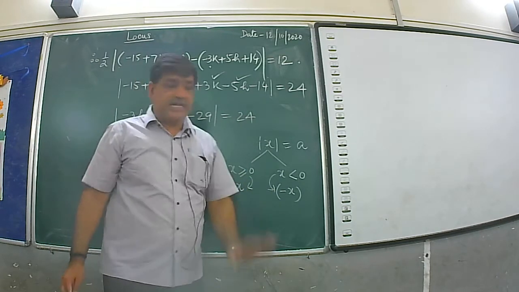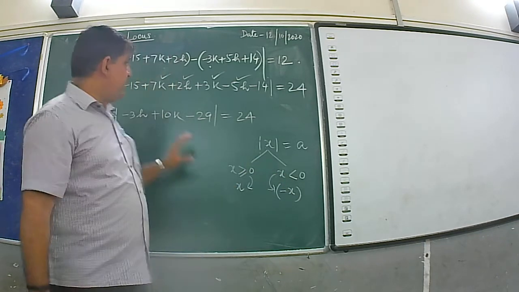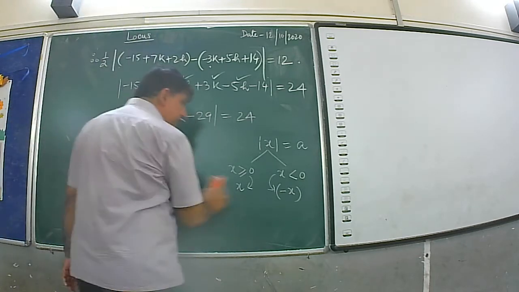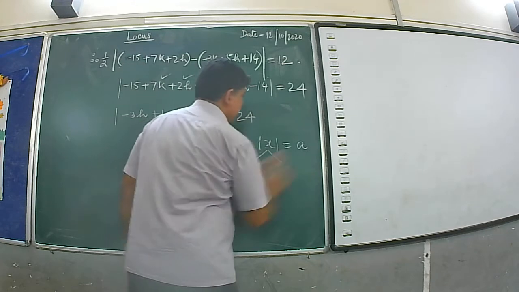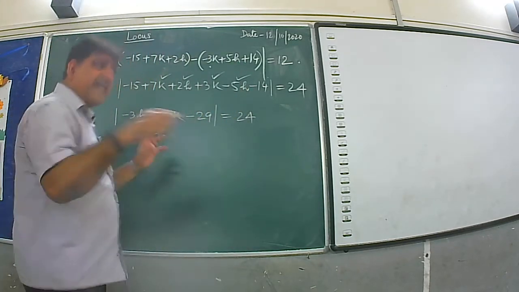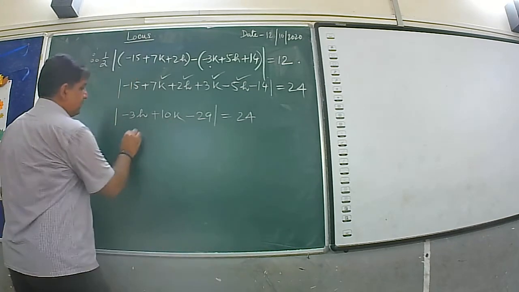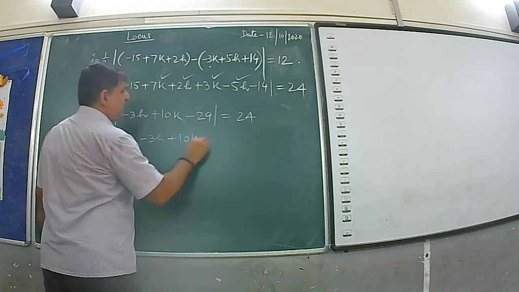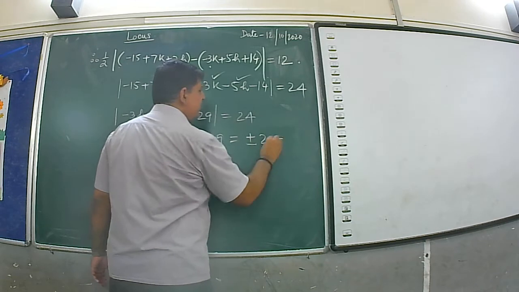But don't worry, we don't have to apply this rule here. We can write it directly using our positive and negative concepts simultaneously. Whenever you get this type of equation, you can write, though it is not strictly correct, minus 3h plus 10k minus 29 is equal to plus minus 24.